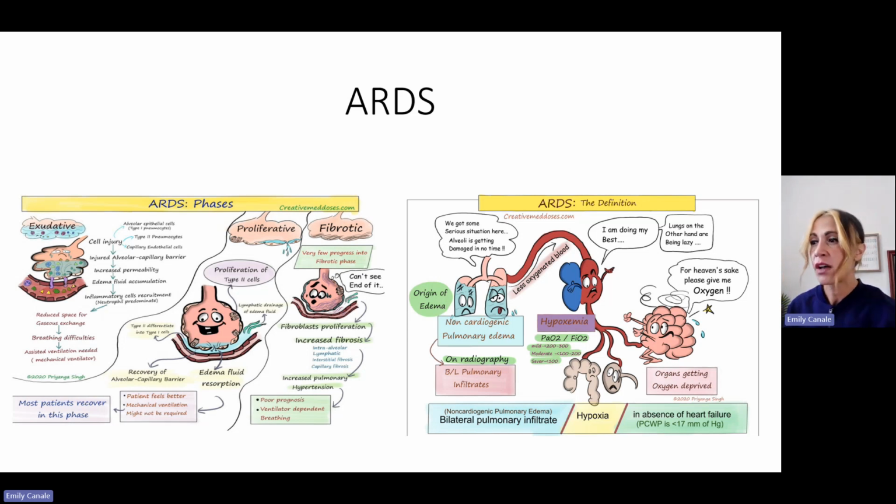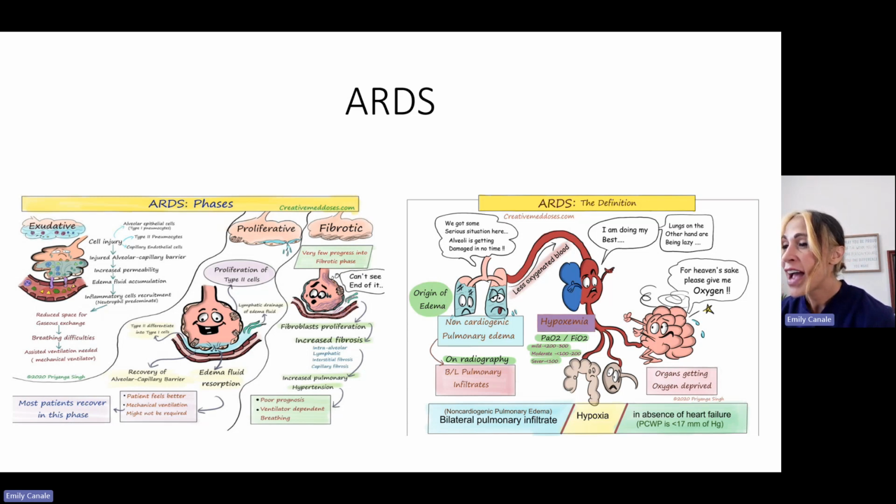So there's edema going on. There's fluid in the alveoli and interstitial edema as well. So we're damaging these cells. We're damaging the alveolar cells that produce the surfactant. We need surfactant in our lungs for movement.